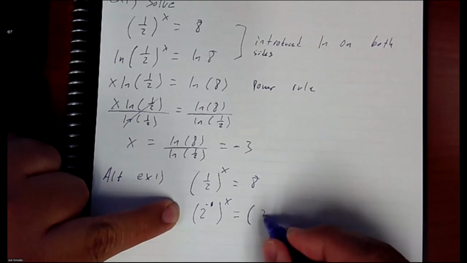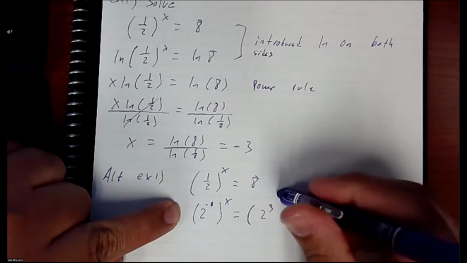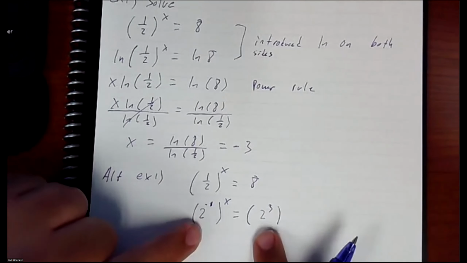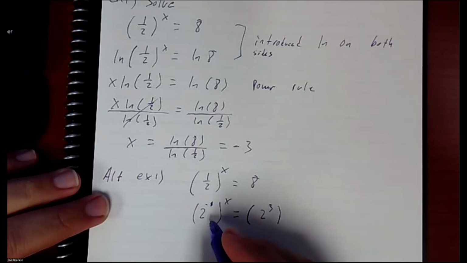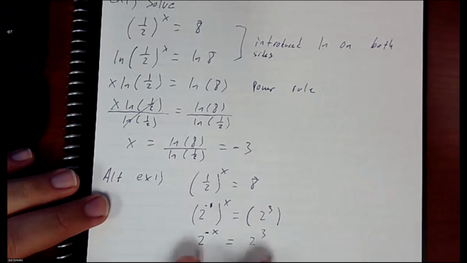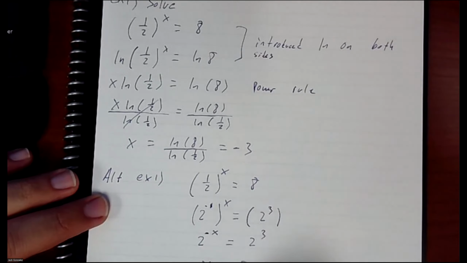And 8 is 2 cubed, right? Now they match. So for this -1, when you have a power raised to another power, you multiply them. And when you have bases that are the same, you can just say that means that -x is equal to 3. Solve for x.